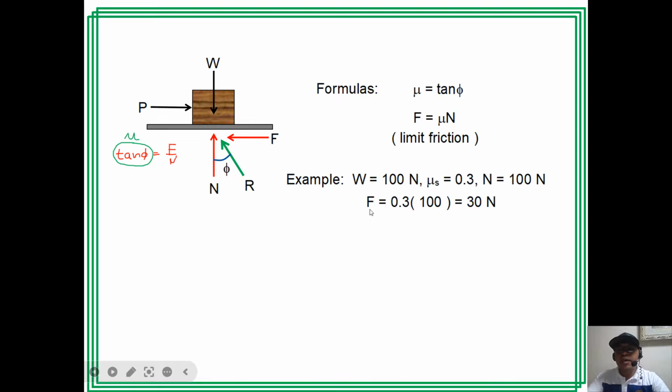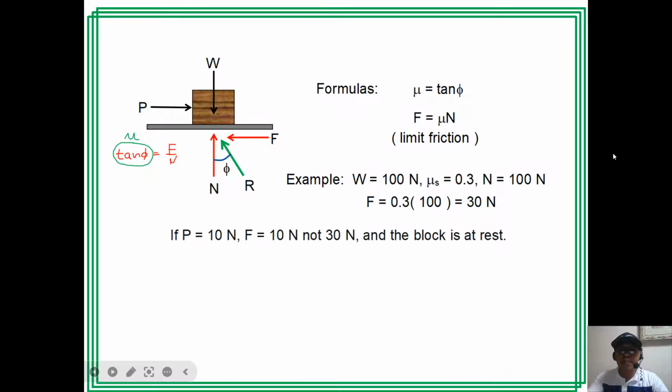So, our N, in the figure, if this is 100, our N is also equal to 100. If you compute the limit friction, the maximum value of the friction, it is 0.3 times 100, or that is 30. Why did I say this is the limit or the maximum value of the friction? Because this may or may not act fully on the body.